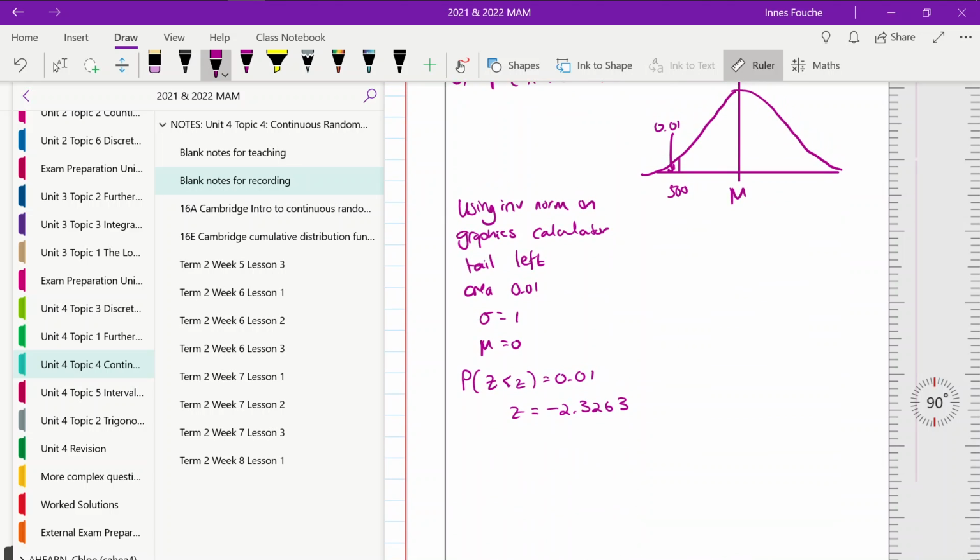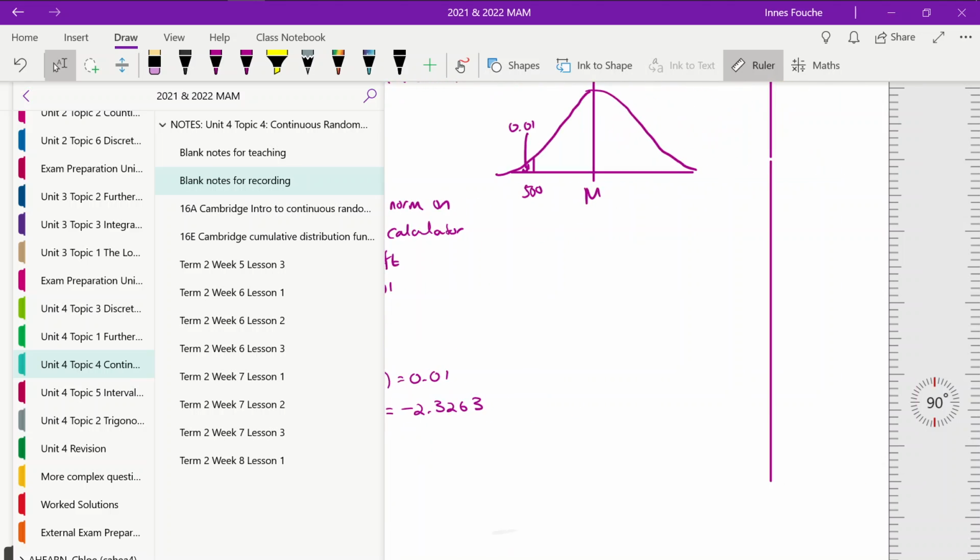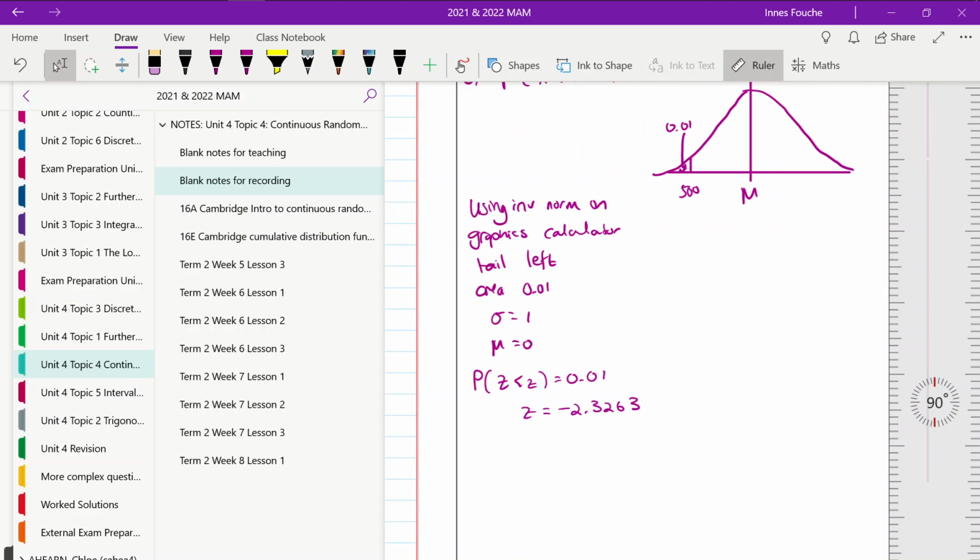Once we've got a z value, we can then work it back. I can put it in over here using our formula. So z is x, take mu, over sigma, and we have a z value of negative 2.3263.